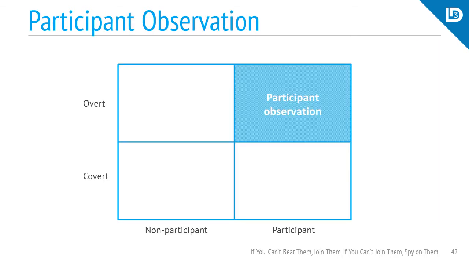So next we'll look at participant observation. This is where it's overt, the people know that they're being studied, and the researcher observes and asks questions, but also participates in the activities, joins in with what the users are doing.